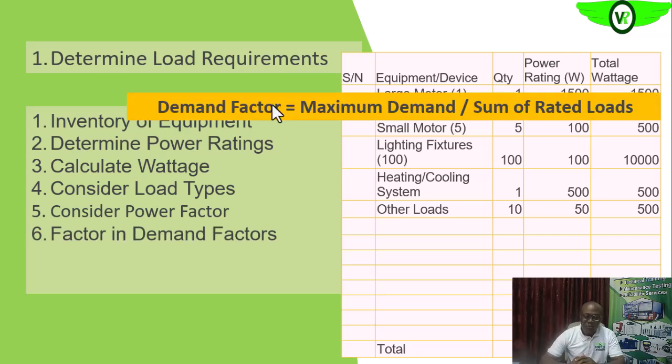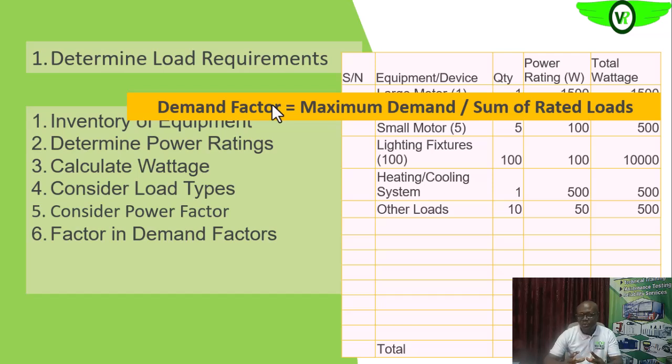The next thing that we need to do is to determine the demand factor. Remember, these loads that we are looking at will not be on all the time. There are times we'll be using them, there are times they will go off. So that is what we want to determine: how much time of the working day such loads are used. Are you getting it?